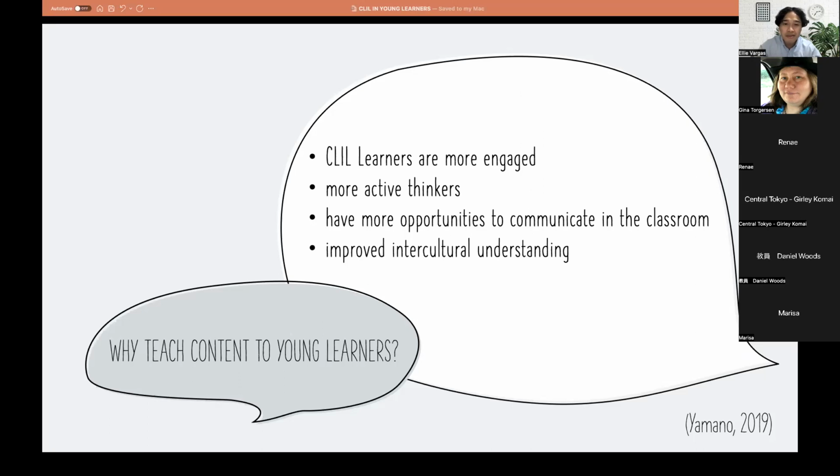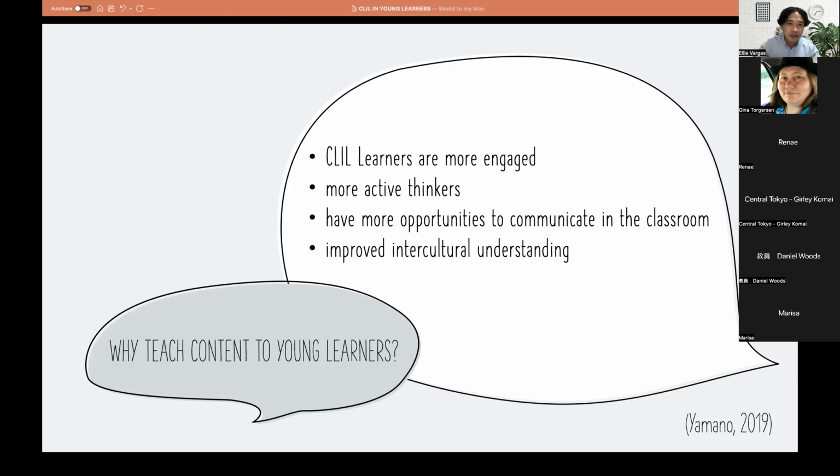They are more active thinkers because they use graphic organizers. They also use critical thinking skills so that they can understand the topic, and they have more opportunities to communicate in the classroom. We can do a lot of pair work, group work.